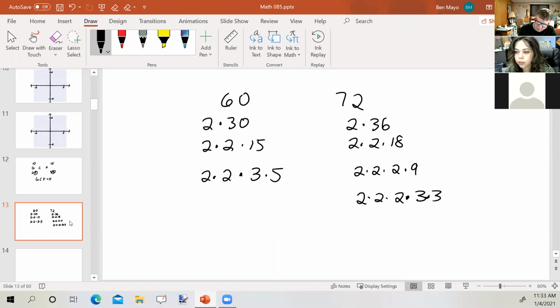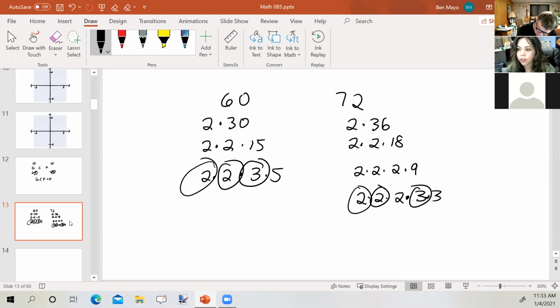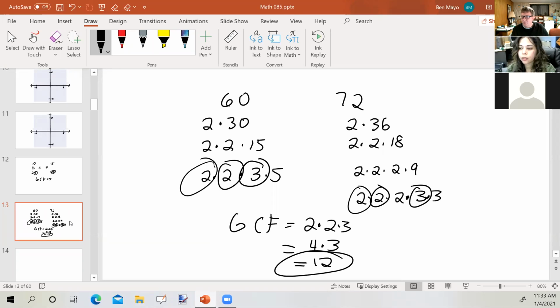So we see that both numbers share a common factor of a 2. They share another common factor of a 2, and they share a common factor of a 3. So the greatest common factor is 2 times 2 times 3, or 4 times 3, or 12. So the greatest common factor of 60 and 72 is 12.